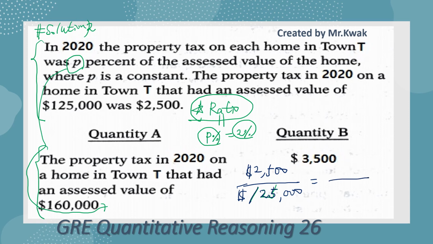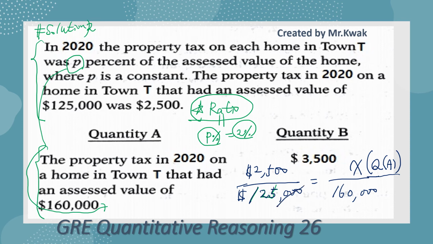In that case, as the ratio or the portion is the same, we can write it this way: $160,000 per X. X is quantity A. Or we can write it down as quantity A, like this. So let's try to find X.